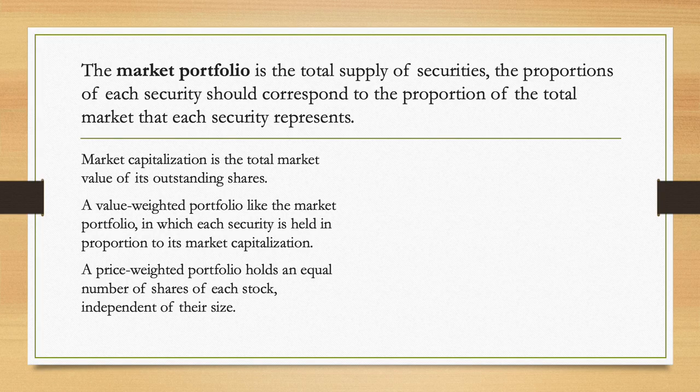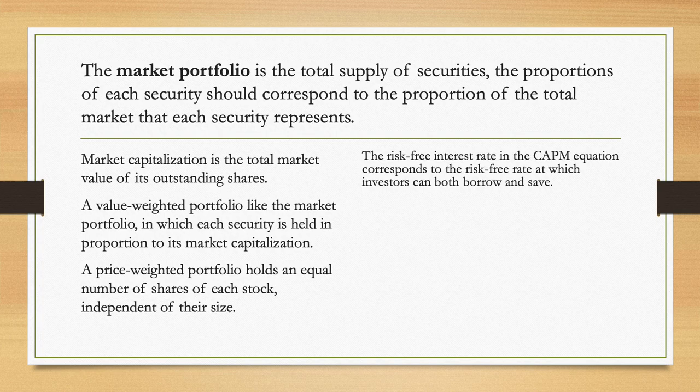After having identified the market portfolio, the next step is to decide on the risk-free interest rate. The risk-free interest rate in the capital asset pricing model equation corresponds to the risk-free rate at which investors can borrow and save.